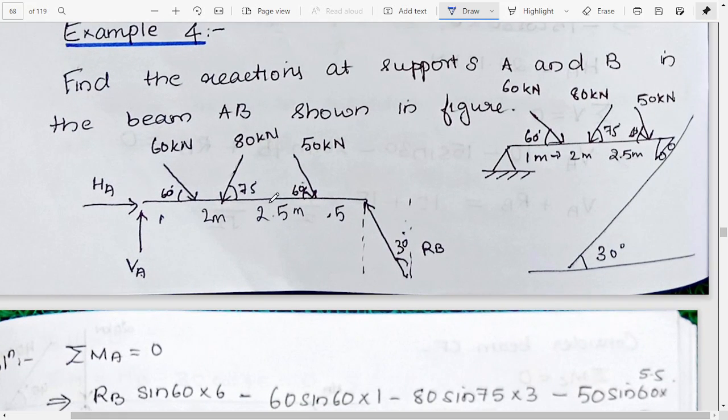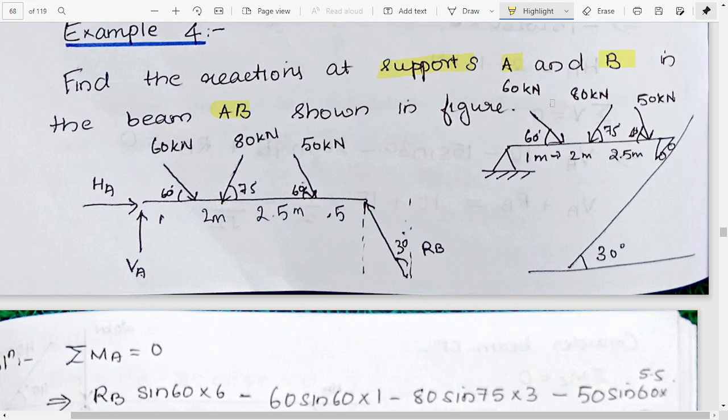In this we need to find the reactions at supports A, B in the beam AB shown in figure. So I think this is our diagram here.